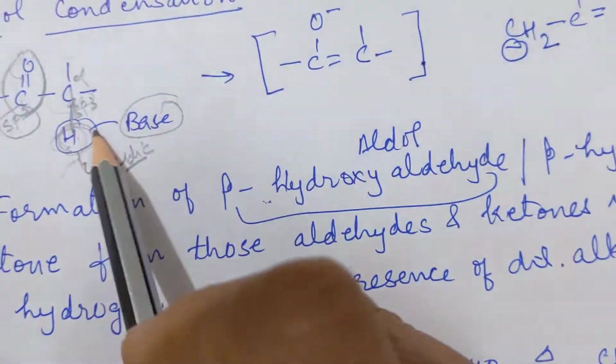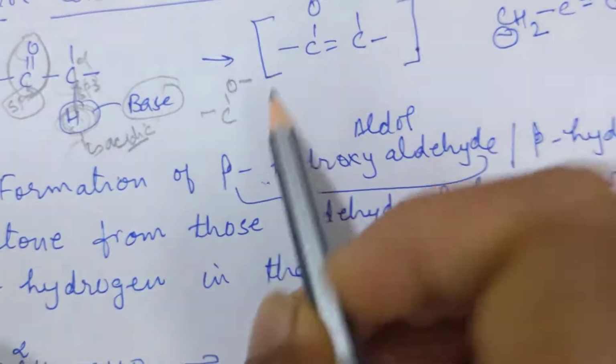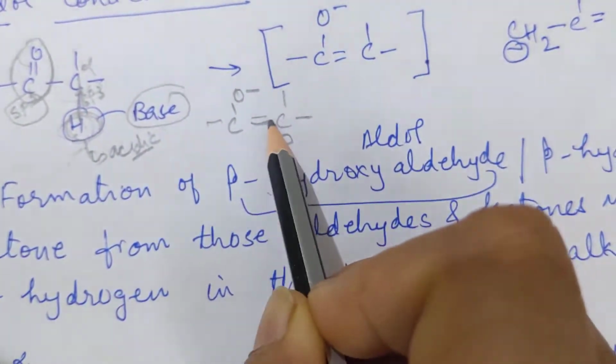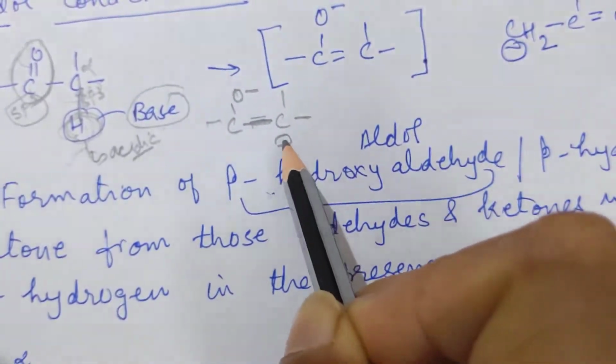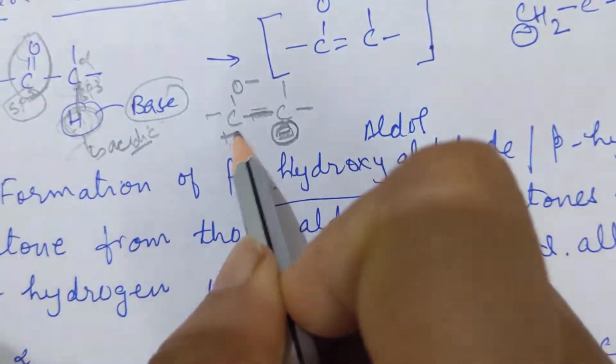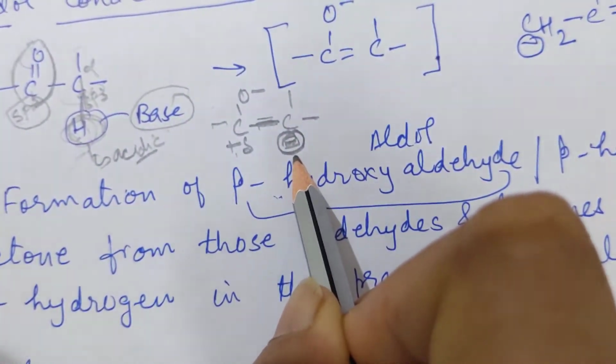which can form. When it is removed by a base, we will have this negative charge. Now this carbon has positive charge, this is having negative charge.